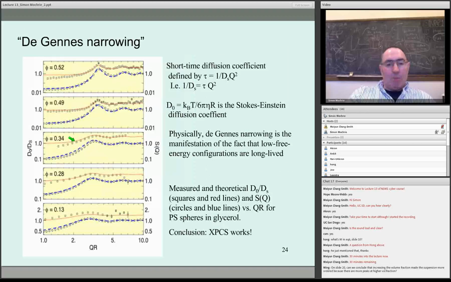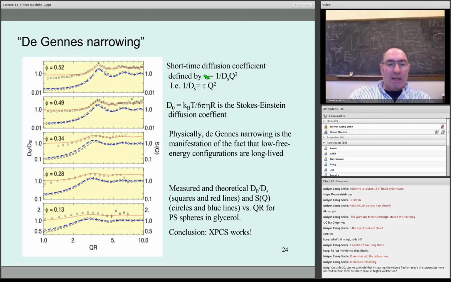And if you plot the time scale, and I've plotted it in a peculiar way here as d0, which is the diffusion coefficient according to the Stokes-Einstein relation, divided by ds, and ds is given by this expression here, so it's the time scale that we measure multiplied by q squared.